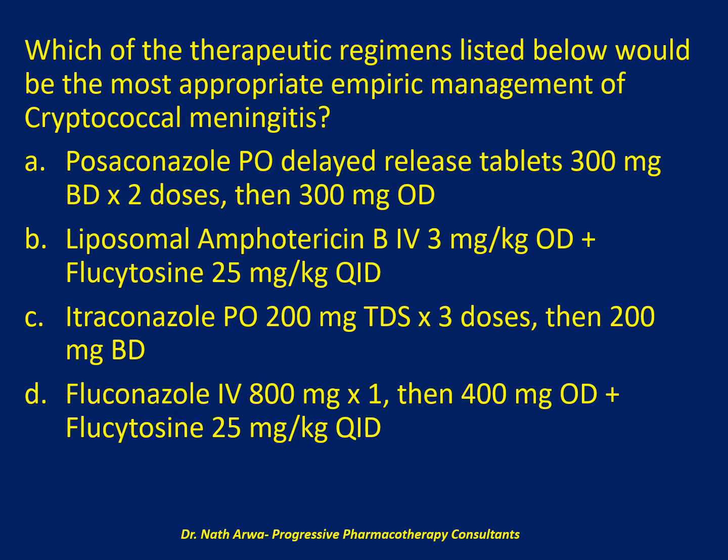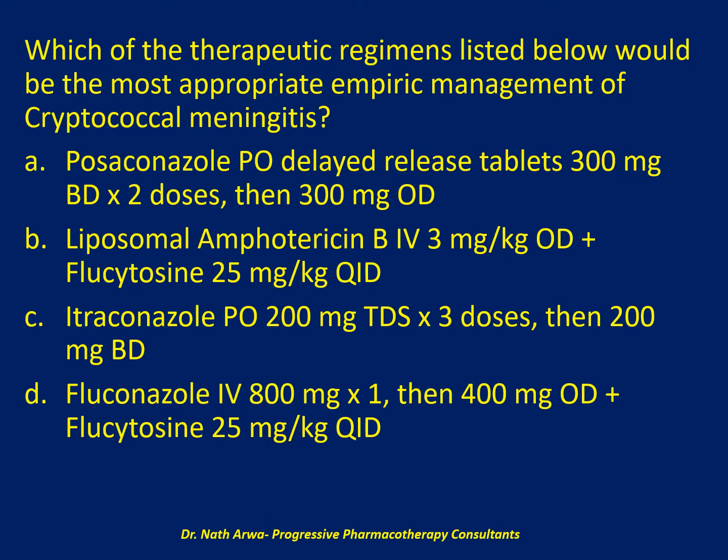Or would you settle for liposomal amphotericin B dosed at 3 milligrams per kilo, diluted in dextrose 5% and infused over 4 hours, alongside flucytosine dosed at 25 milligrams per kilo administered 4 times daily?